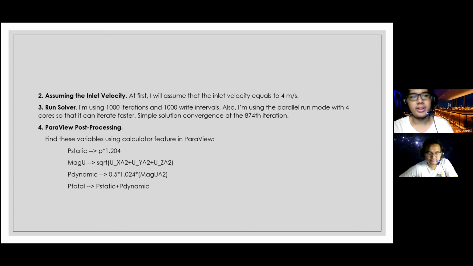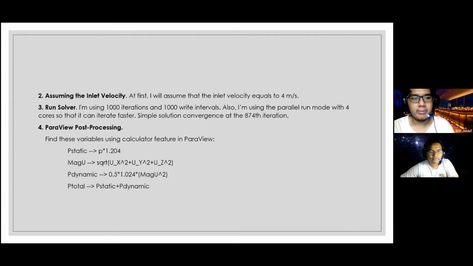Second is assuming the inlet velocity. At first, I will assume that the inlet velocity is equal to 4 meter per second. The velocity for this task is different for every person, but in this case, Victor and I use 4 meter per second as the velocity. Three is run solver.